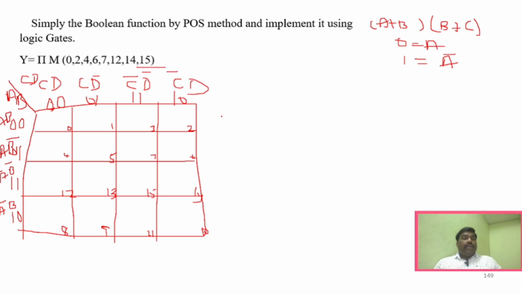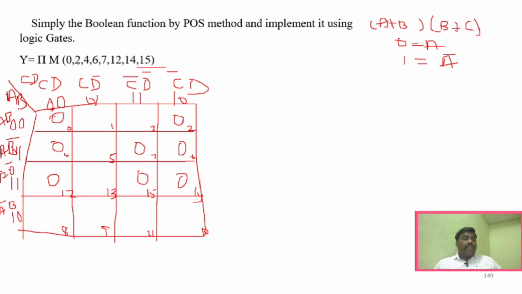And now what is the next step? Whatever positions they have given, for all those positions you have to put 0. So 0, right? And then it is given as 2, so 0 here, and 4 it is 0, and 6 it is 0, 7 it is 0, 12 it is 0, and 14 it is 0, and 15 is 0.